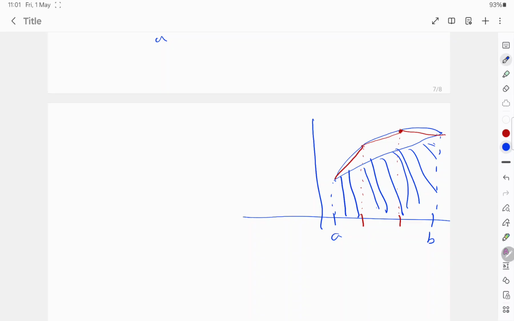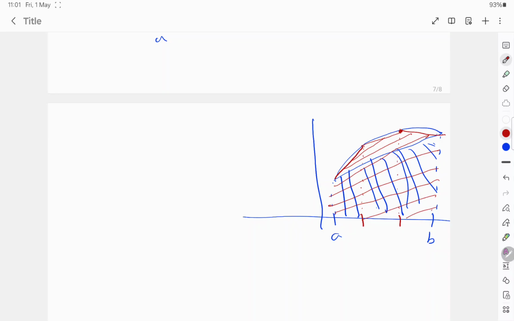Now in composite trapezoidal, here also you are using trapezoidal, but you are breaking in some sub intervals. So you see here the error is less, right? This is in case of your composite one, this red one.